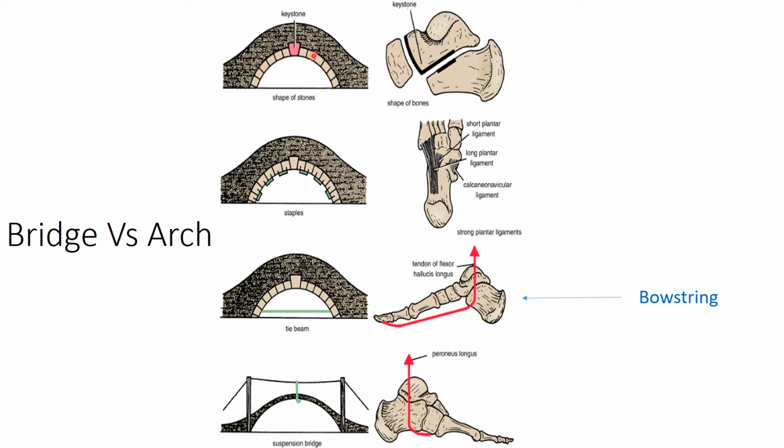Now this stone arch bridge is made of several stones in its lower aspect, and at its summit, the center of this stone portion, it has a keystone, which is a wedge shaped stone. And similarly, in case of the arches, there is a keystone at the summit.